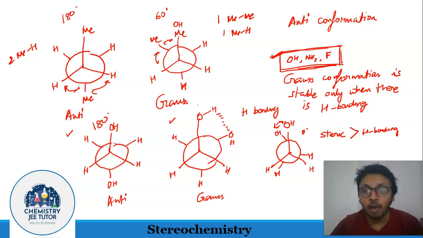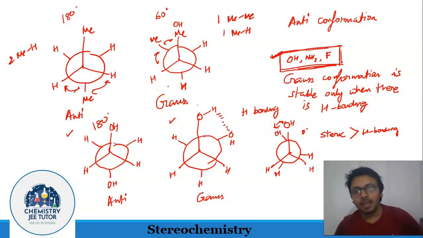So that is why the Gauche conformation is more stable than the fully eclipsed conformation, even though the fully eclipsed conformation can also show hydrogen bonding. But in the Gauche conformation, due to the combined influence of lower steric hindrance and more energy from hydrogen bonding, it is more stable than the fully eclipsed conformation, which has very high steric hindrance, even though the hydrogen bonding amount is the same.